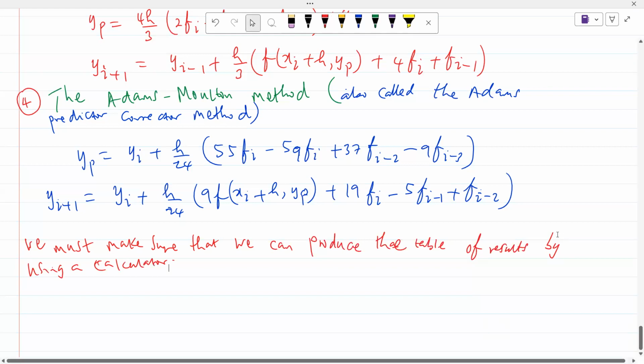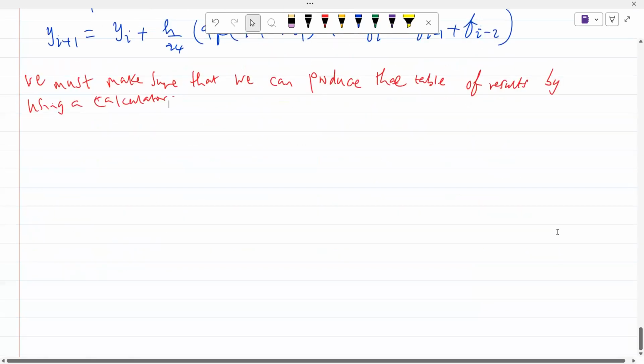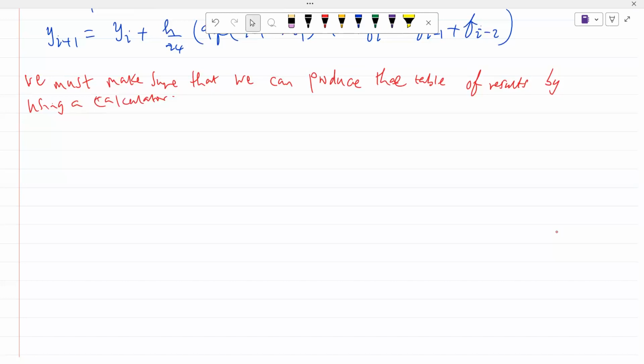The Adams-Moulton method was used before for h equals 0.2 in this exercise.